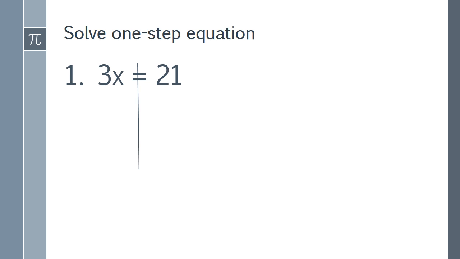We don't have to use the inverse operations when we simplify expressions on the same side. We only use inverse operations when we move expressions from one side to the other.